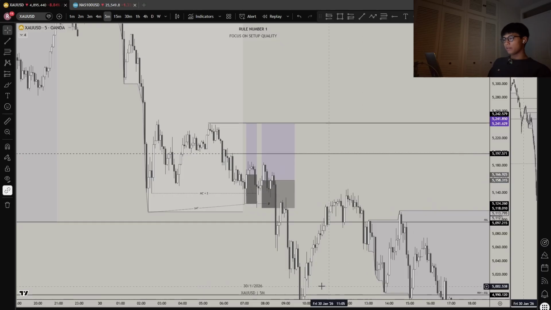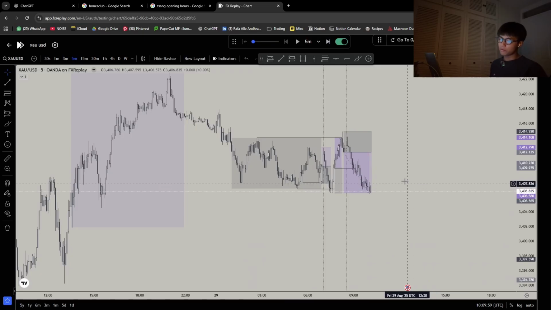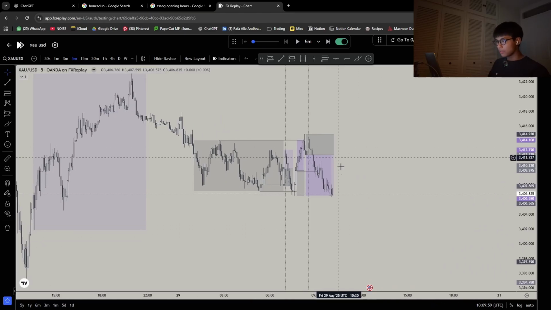I think I'll refine it to the number of candles that I can print after the liquidity sweep and before my entry, something like that.